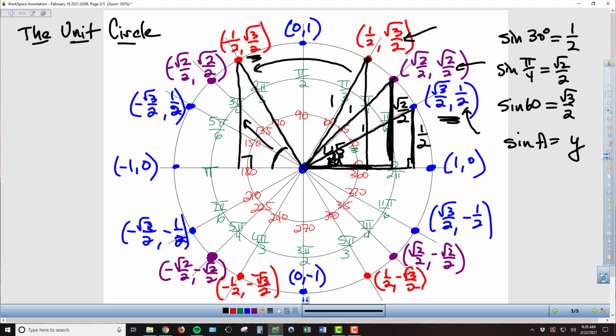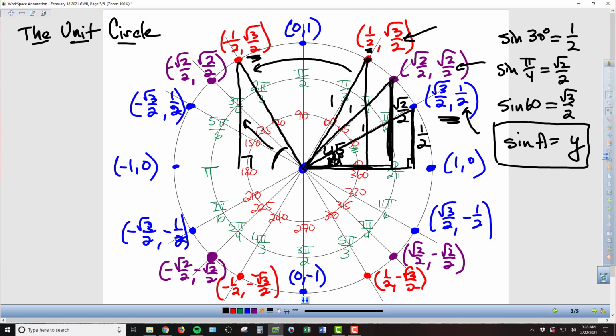And so that pattern holds everywhere around the unit circle. So I'm always able to find the sine of an angle by just identifying the y coordinate associated with that angle on the unit circle. For cosine, same thing, except now we need the adjacent side. Well, what's the length of the adjacent side with any of these angles?